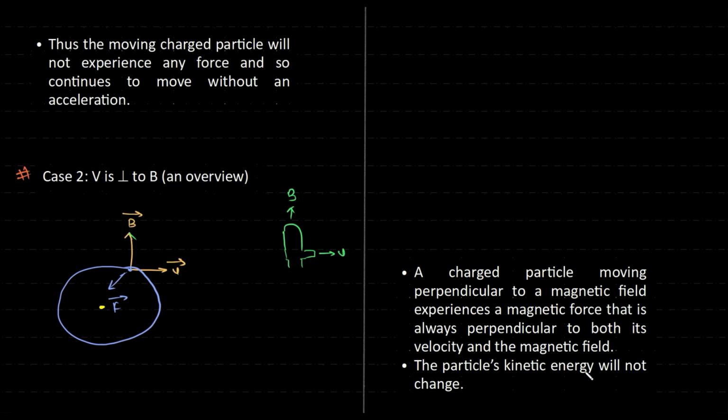This particle's kinetic energy will not change again. That we know. It will take a circular path. You guys make a note of that. A charged particle moving perpendicular to a magnetic field experiences a magnetic force, so it takes a perpendicular circular path. You can write that over here.